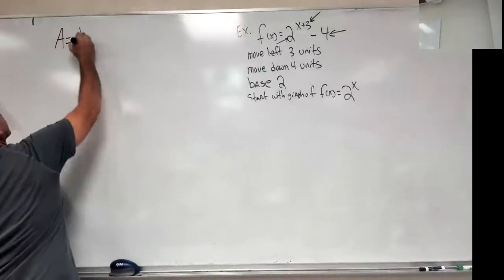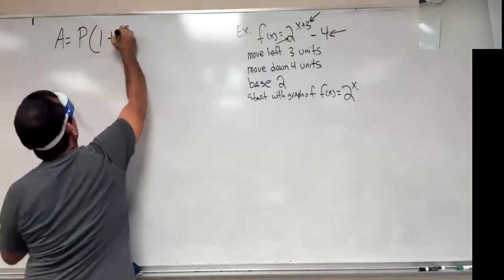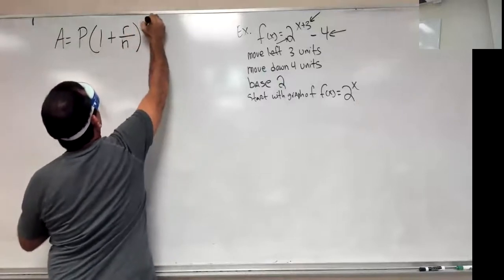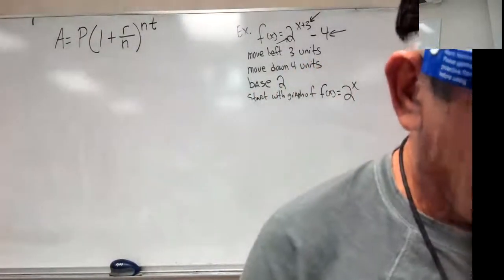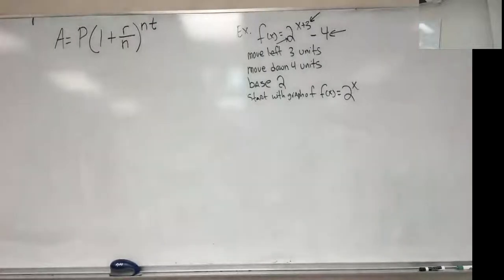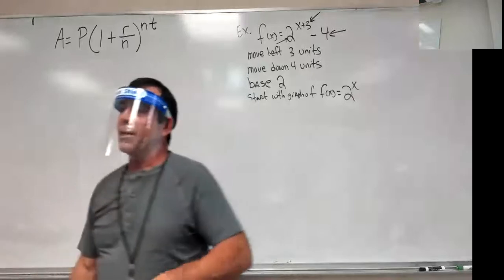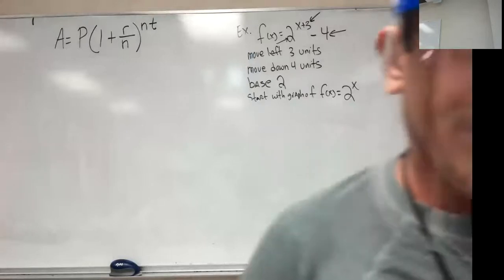A equals P times 1 plus R over N, all raised to the N times T. This would be the amount in your, say, your bank account or your funds.